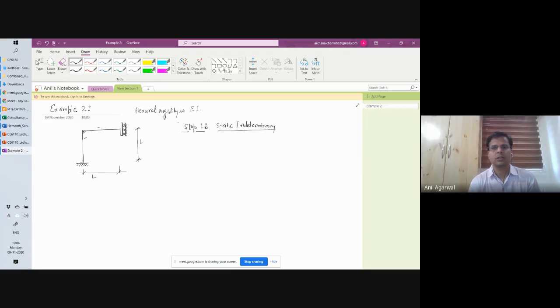Both members have a flexural rigidity of EI. It is not a stiffness, it is rigidity. That is a cross-section property, EI. If I had said EI by L, EI by L square, EI by L cube, then it would have been a stiffness term. But EI in itself is just a cross-section property, and that is uniform. So basically the cross-section is uniform and its flexural rigidity is EI through both members. Okay, and this joint is a rigid joint.